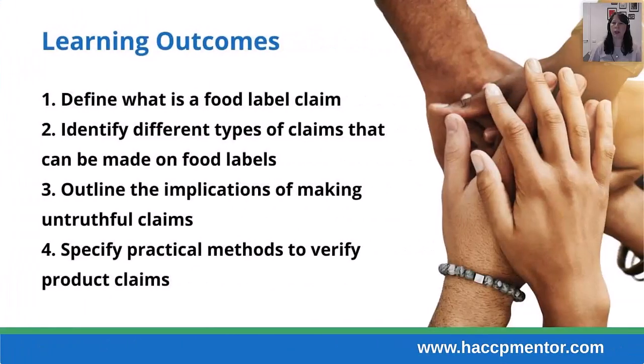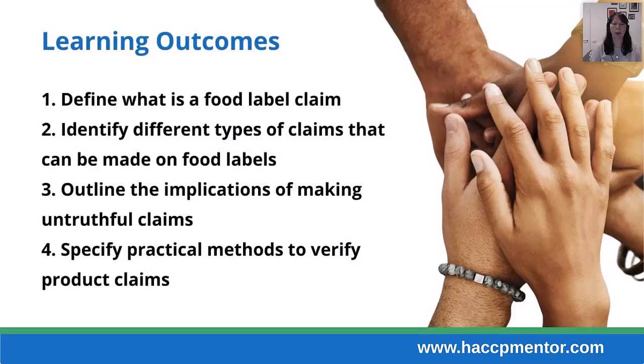I always like to give people who come onto these webinars some learning outcomes. So this is what I'm hoping that you will learn by the end of this session today. We're going to start off with defining what is a food label claim. Then we're going to move on to identifying the different types of claims that can be made on food labels.